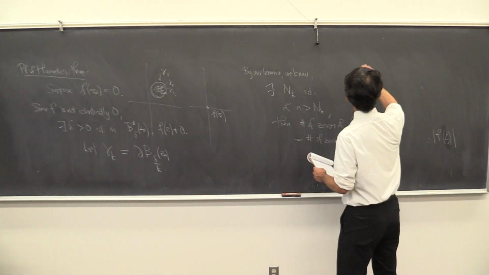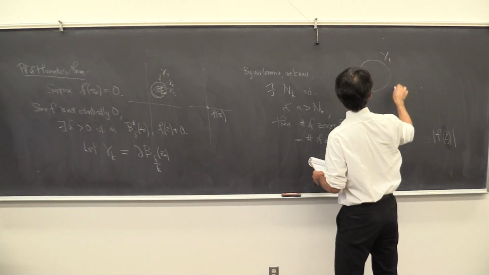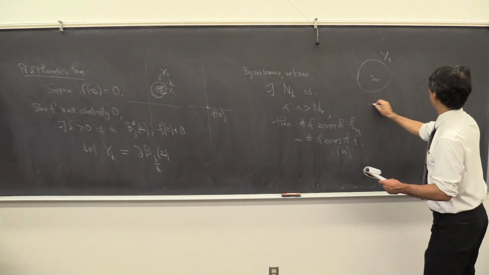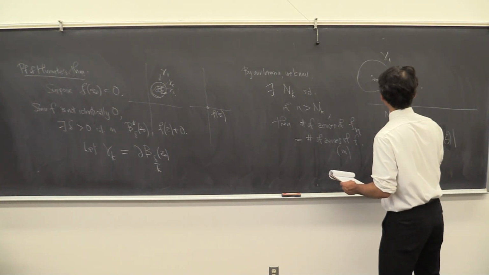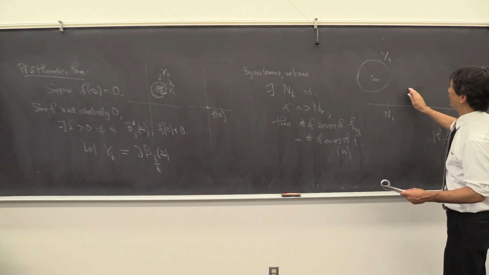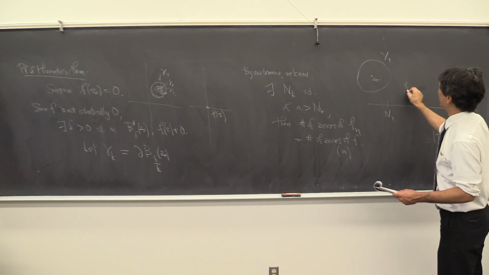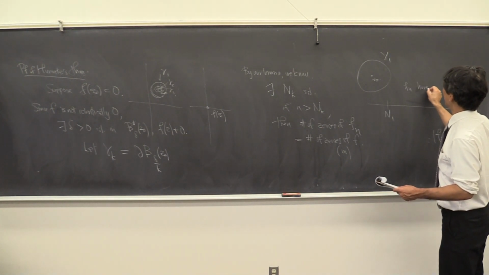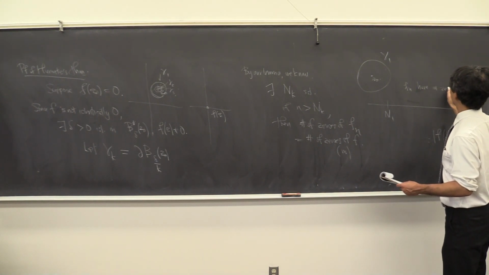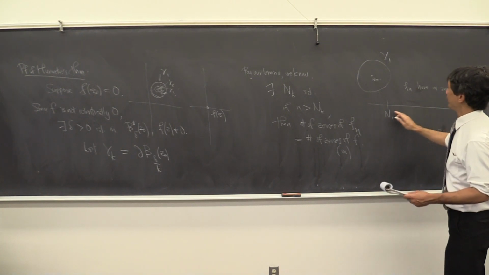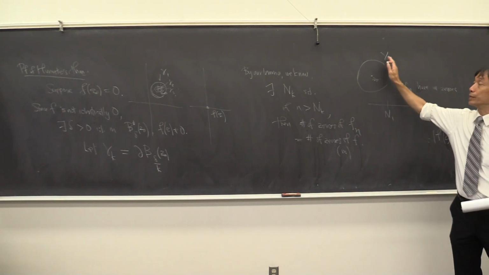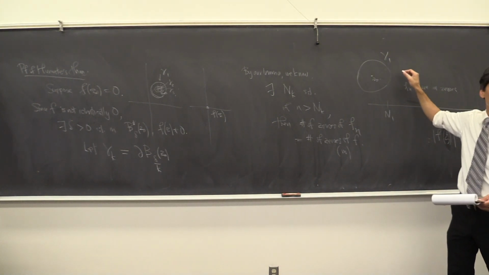So if we look at the first disk, gamma 1, we know that there's some point n1 past which all the f sub n have m zeros inside gamma 1, right?